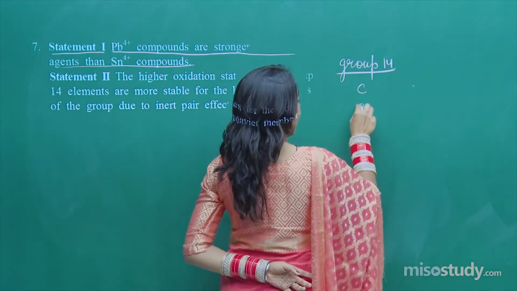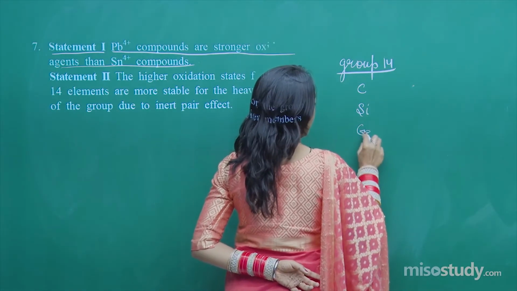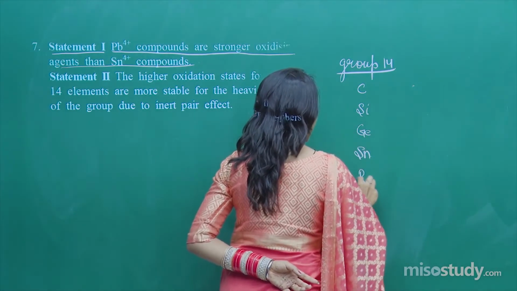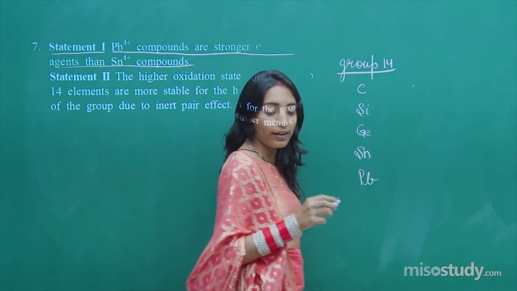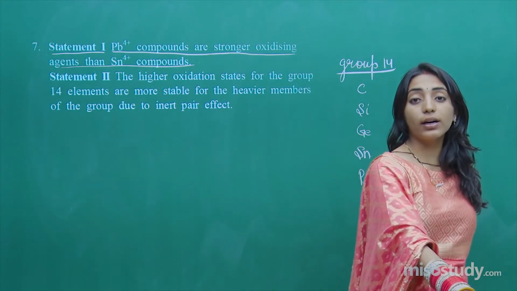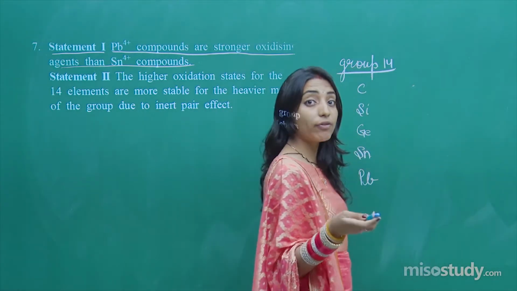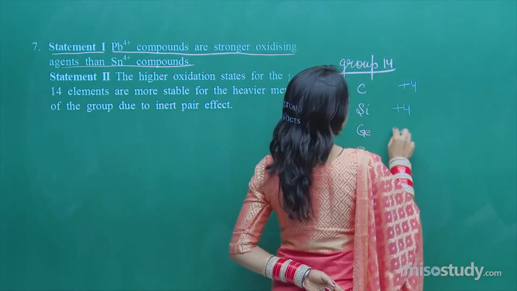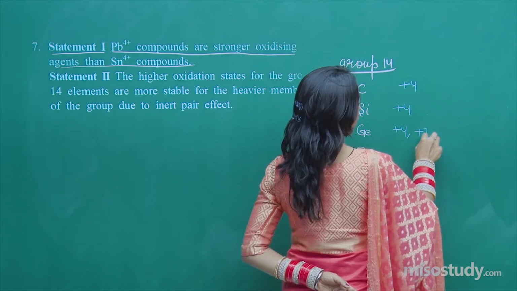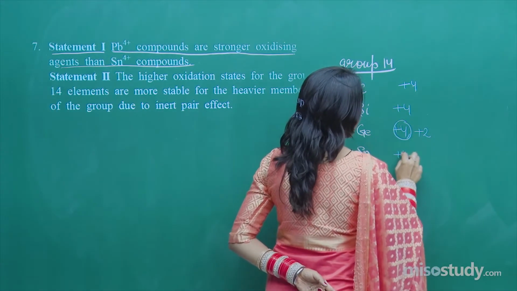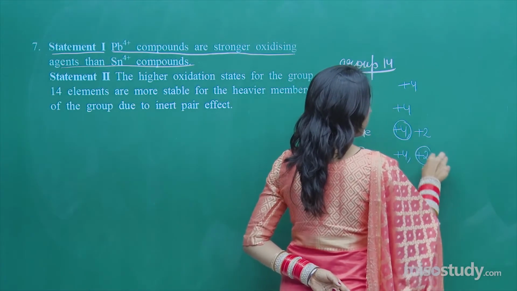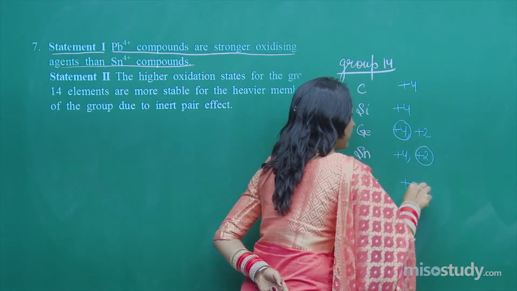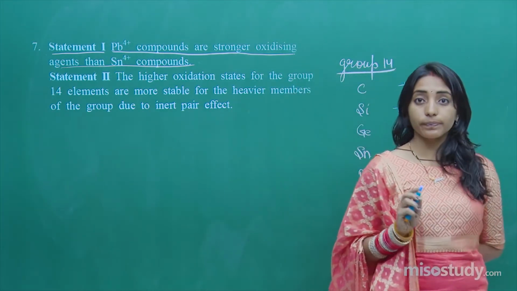And if I write down the preferable oxidation state, tin is okay with +4, +2 but wants +4. Lead is okay with +4, +2 but wants +2, and lead can only have +2 oxidation state.